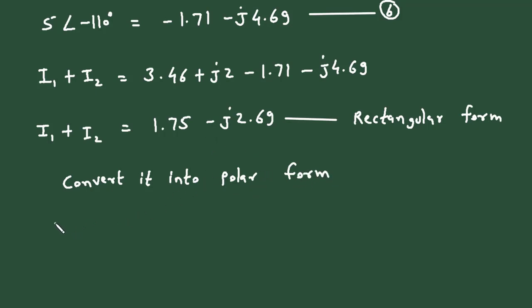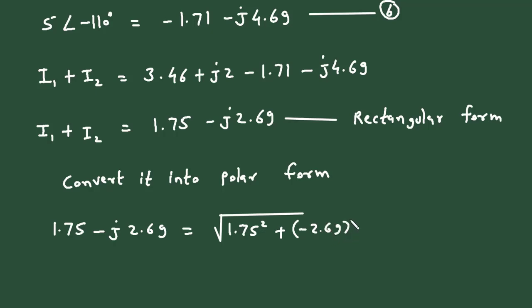So this will be 1.75 minus j 2.69 and it is equal to under root of x square plus y square, that is 1.75 square plus minus 2.69 square at an angle tan inverse of minus 2.69 divided by 1.75.